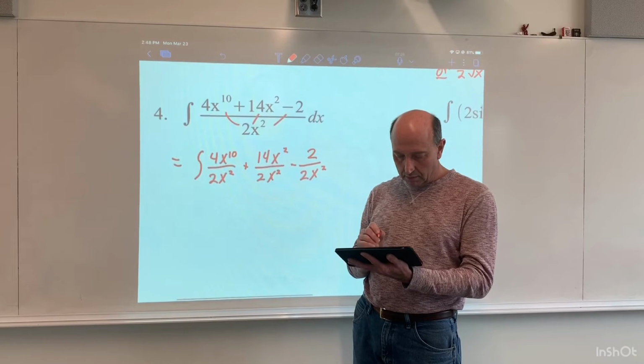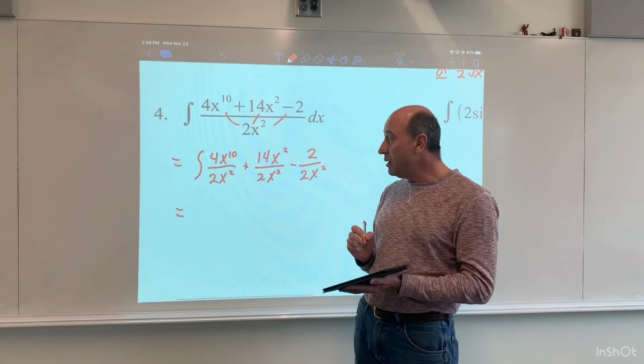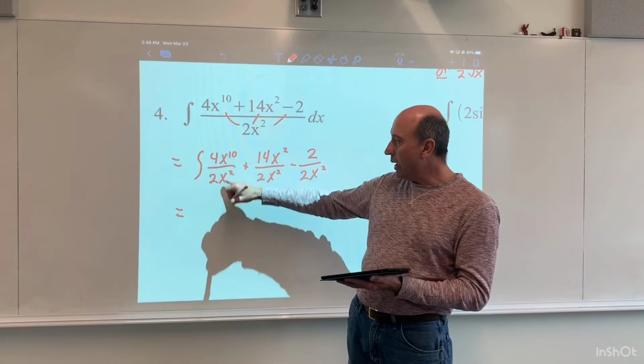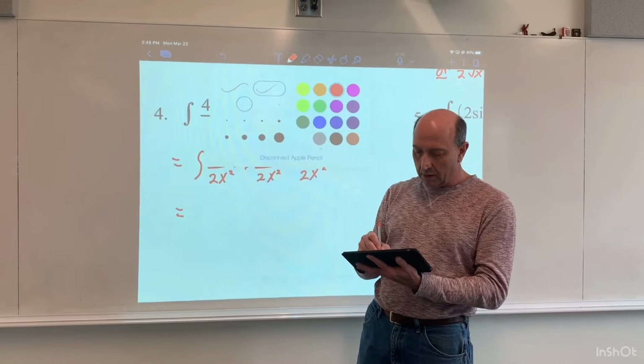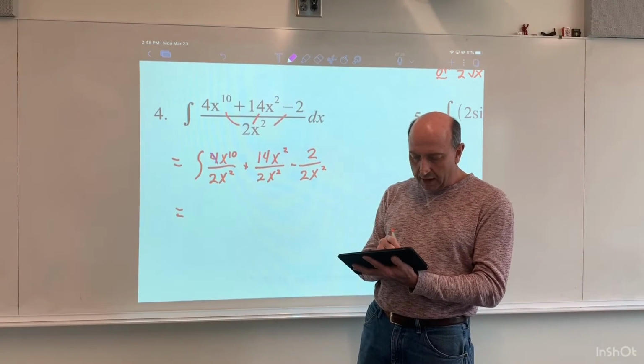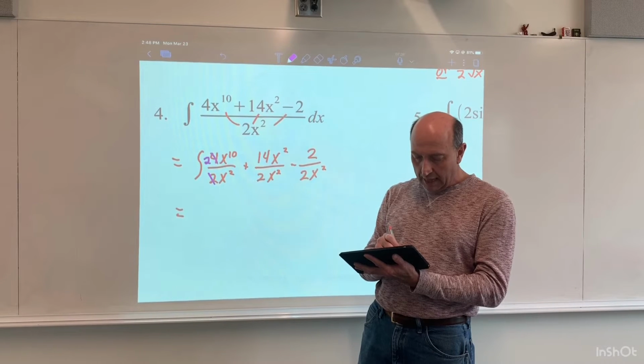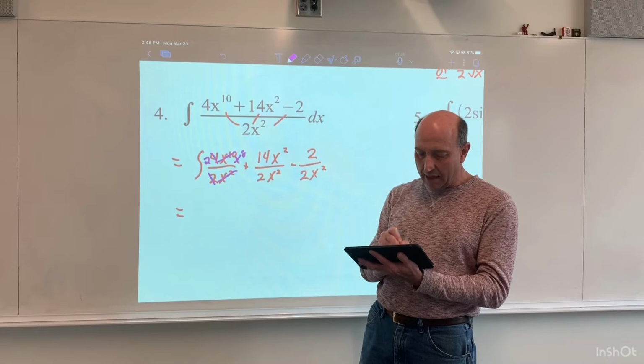All right. Now I have more divisions, but now I can simplify each one. So 4 divided by 2 is 2, and x to the 10th divided by x squared is x to the 8th.